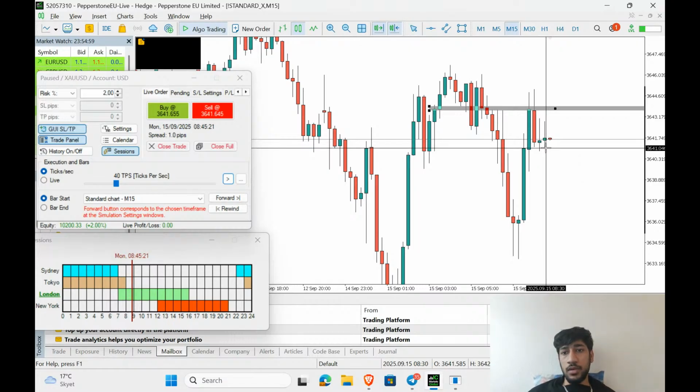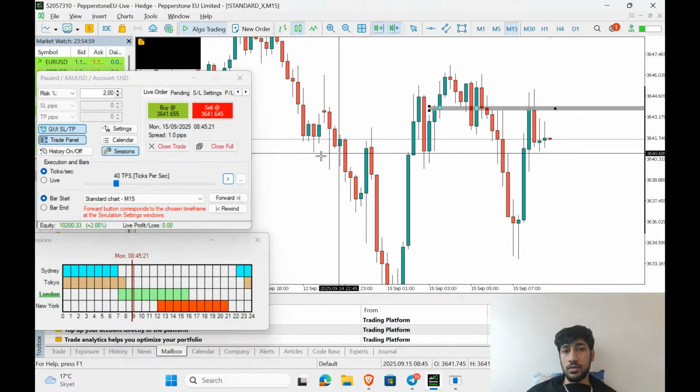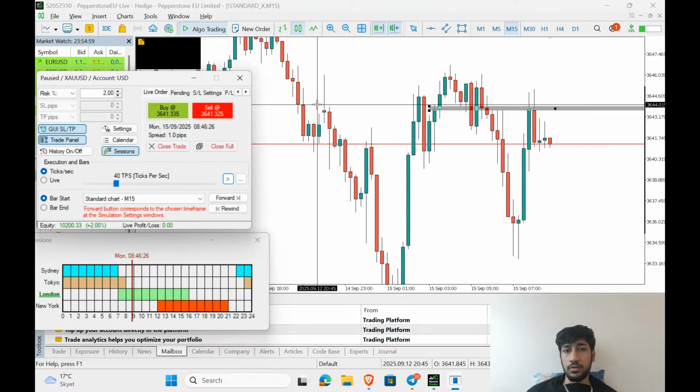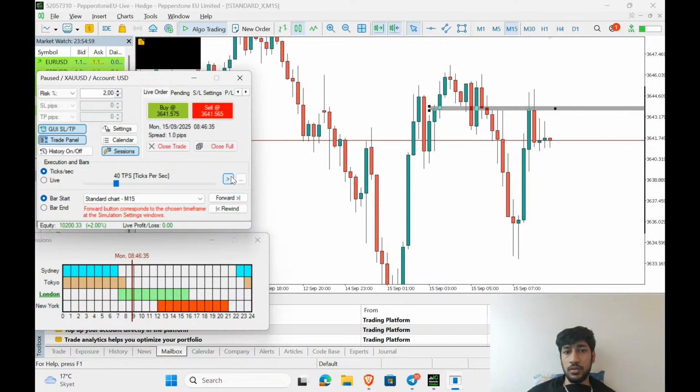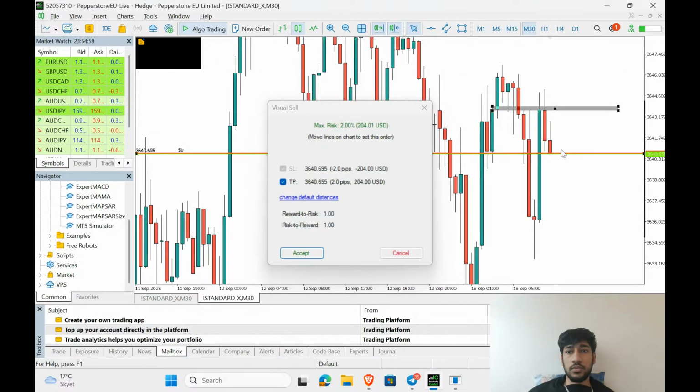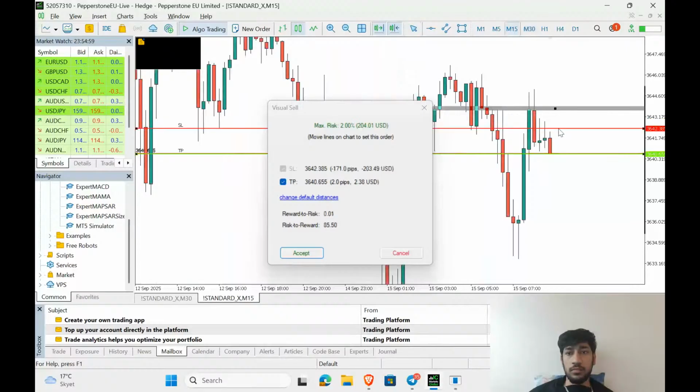So if we break below these wicks, there's a high probability for price to go bearish. See right there, 2% SL on this high, this high maybe, and for price to push down.